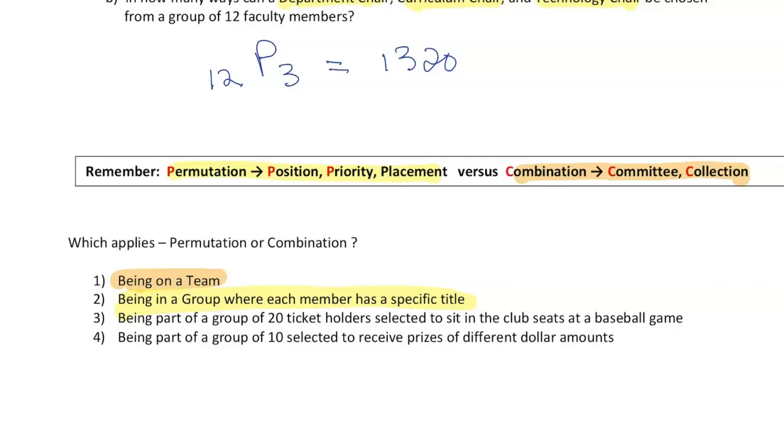Being part of a group of 20 ticket holders selected to sit in the club seats, everyone sitting in the same seats, that is a combination. Being part of a group of 10 selected to receive prizes of different dollar amounts, so different dollar amounts makes the permutation, just as a specific title makes the permutation. So I'm going to make that also yellow.